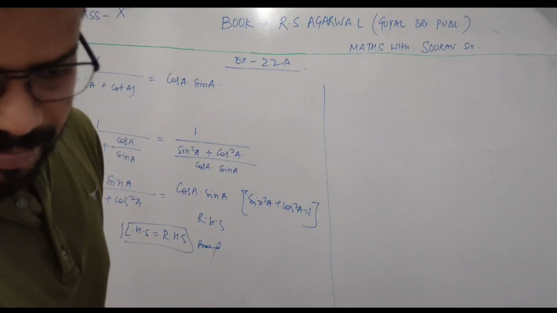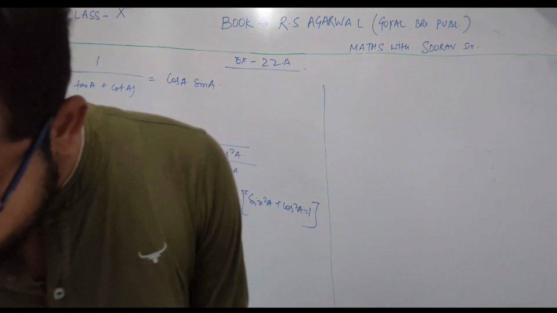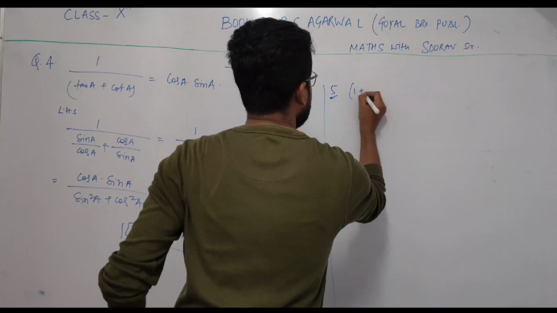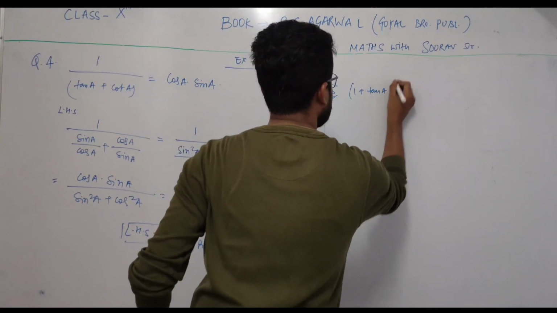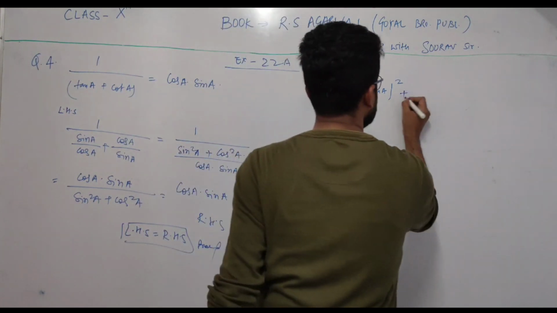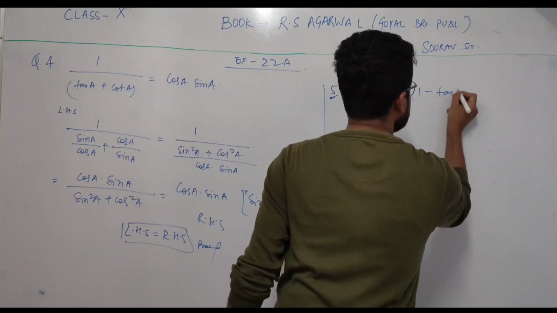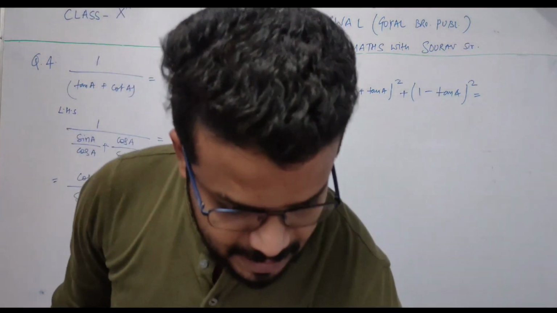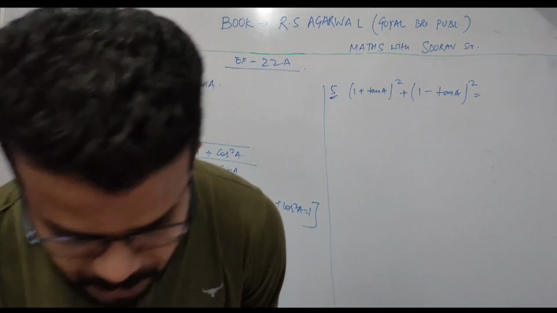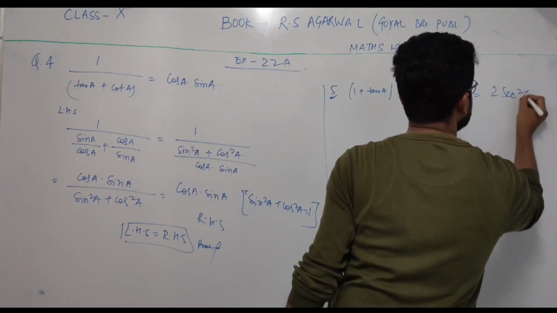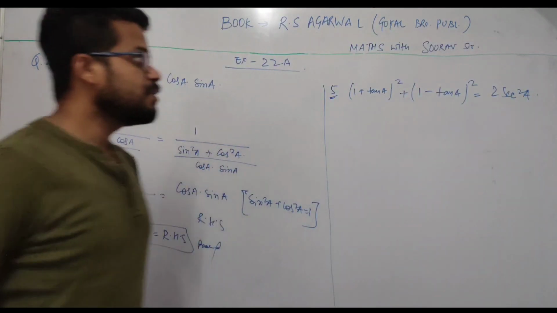Now question number 5. Question number 5 is (1 plus tan A) whole square plus (1 minus tan A) whole square, and we have to prove this equals 2 sec square A. So how do we proceed?